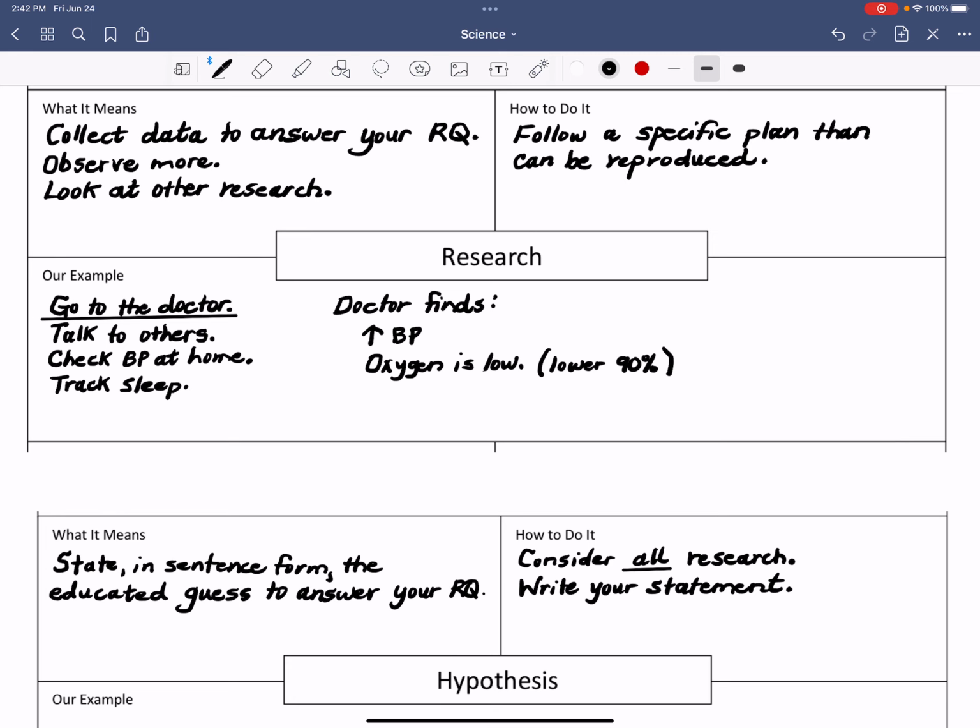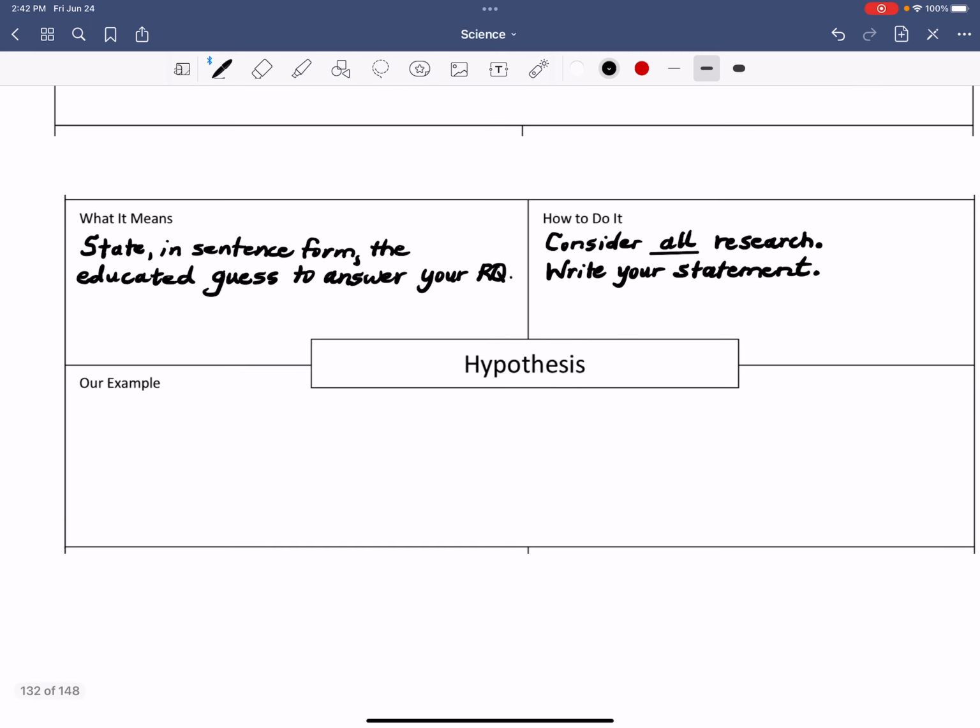So here's the hypothesis. The doctor's going to consider his education, what he's learned in school. He's going to consider Sam's data, what he's seeing on the data. And here's his hypothesis.